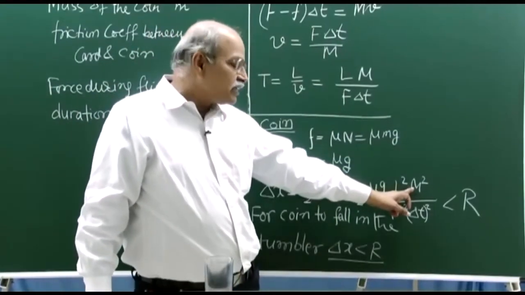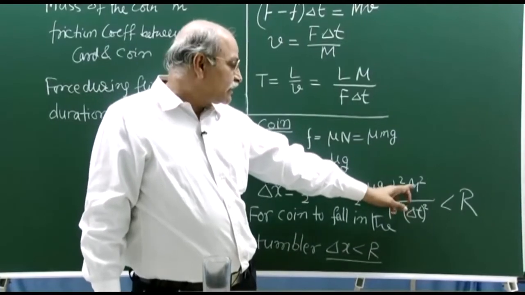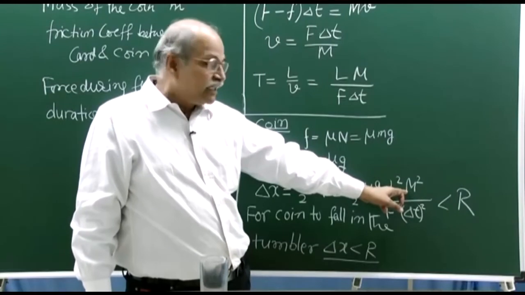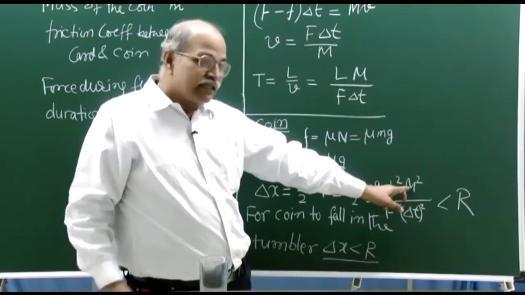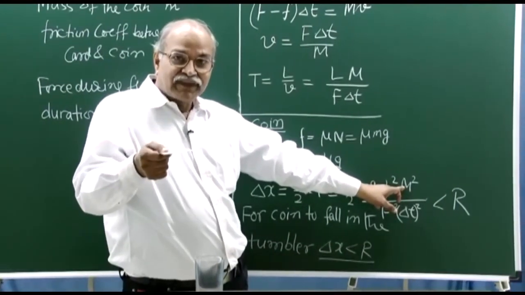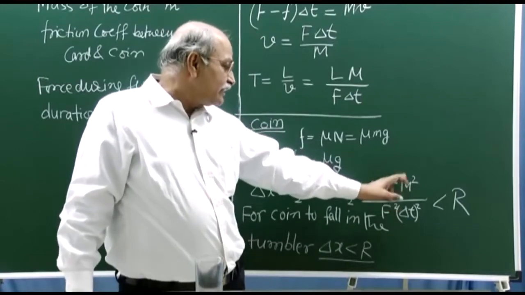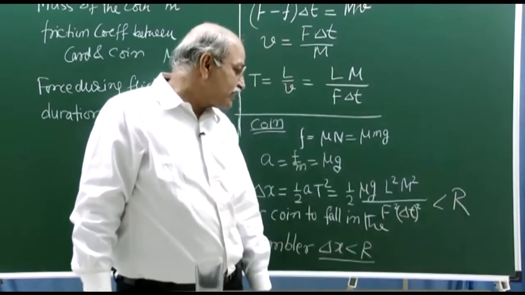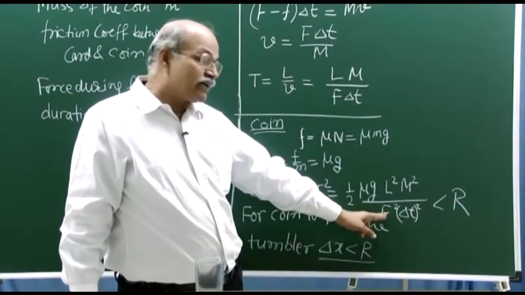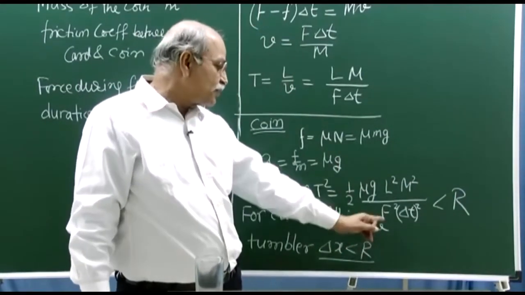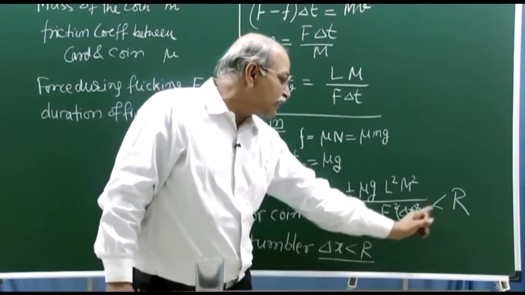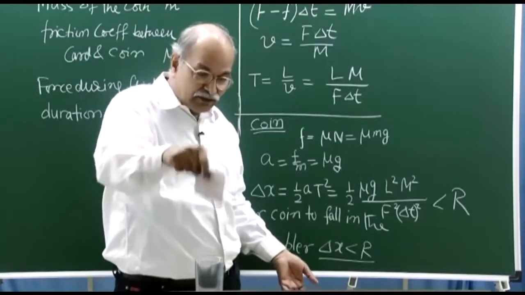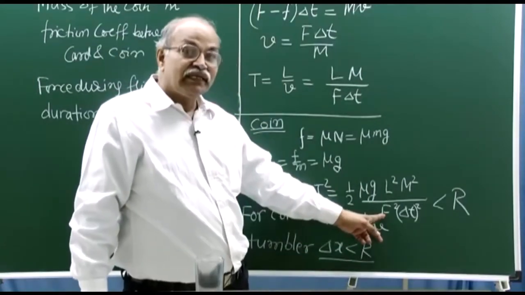Then mass, this is the mass of the card. So, that also is important, it should be light. If this mass is larger, if your card is heavy, then this quantity will become larger and it may be more than the radius. And of course, this flick, this force, it should be large. If you want this to be smaller than r, so that the chances are bright that the coin goes into the tumbler, this should be large.